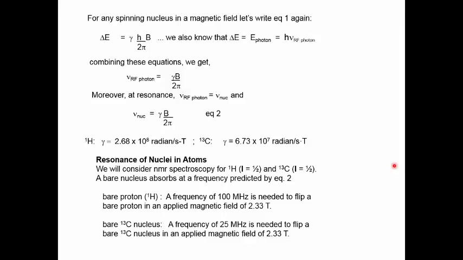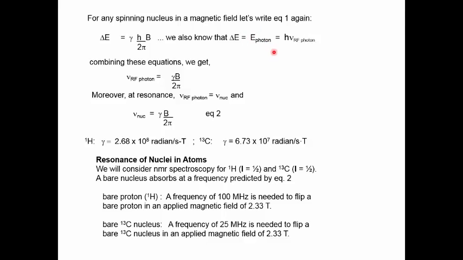For any spinning nucleus in a magnetic field, let's write equation 1 again. Now we already know that delta E is the energy of the photon that's absorbed that causes the nucleus to flip its orientation.